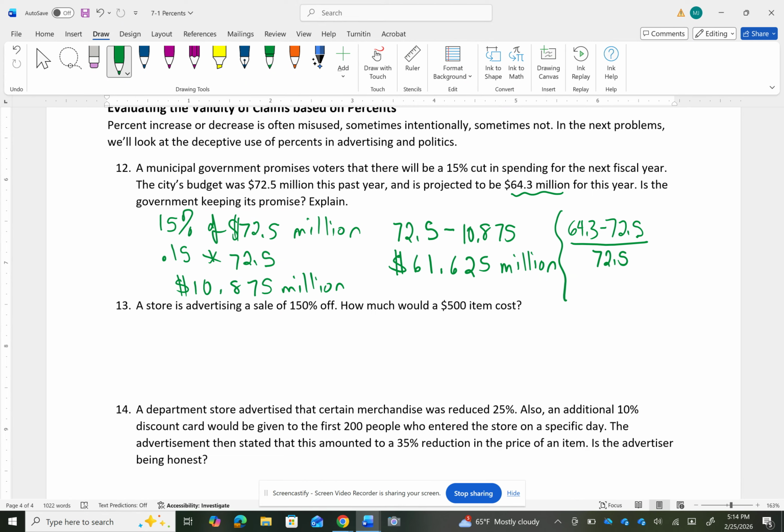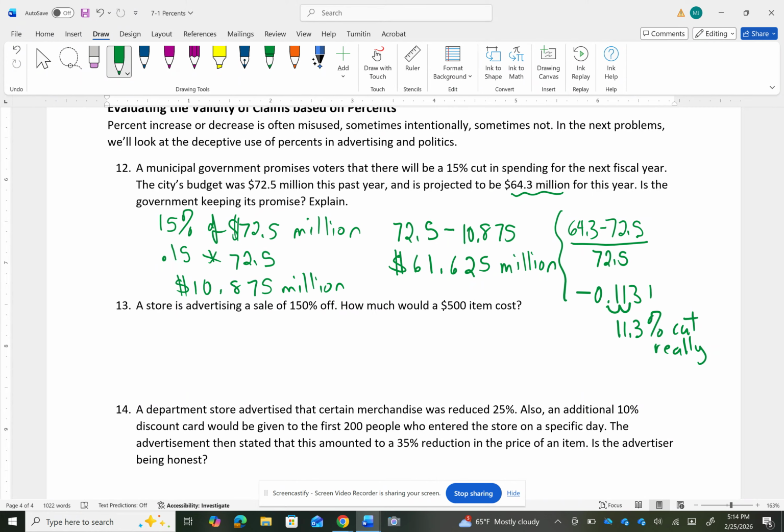Is it really only that? That doesn't seem right. And it turns out to be, when you're finished with that, a negative 0.1131. If I change it to a percent and round, it'd be about an 11.3% cut, really. So you could have explained that either way.